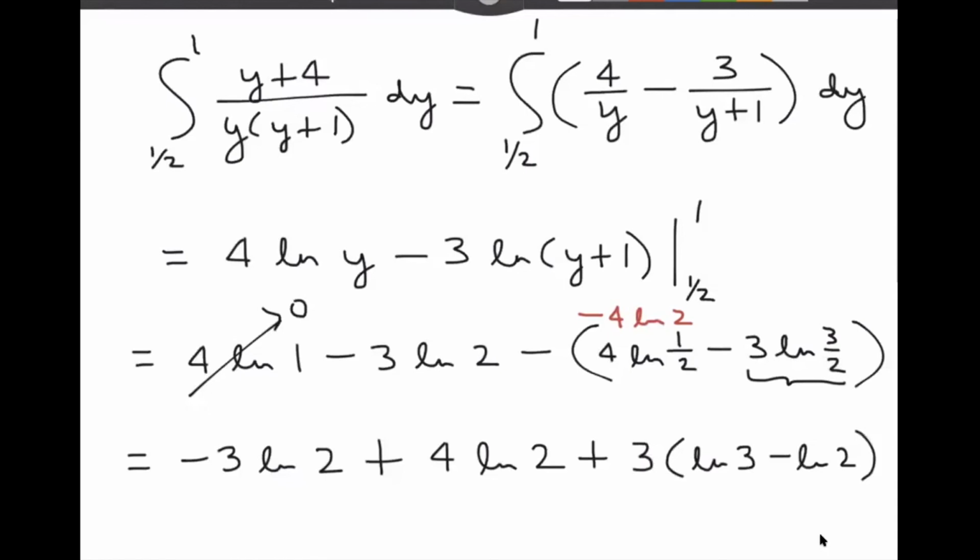All right, so we have a whole bunch of natural log 2's. We have -3 natural log 2 plus 4 natural log 2, and then we can tack on another -3 natural log 2. So -3 plus 4 is 1. 1 minus 3 is -2. So I think we end up with 3 natural log 3 minus 2 natural log 2.